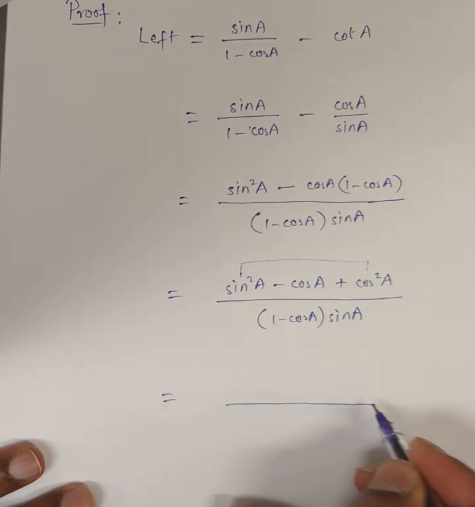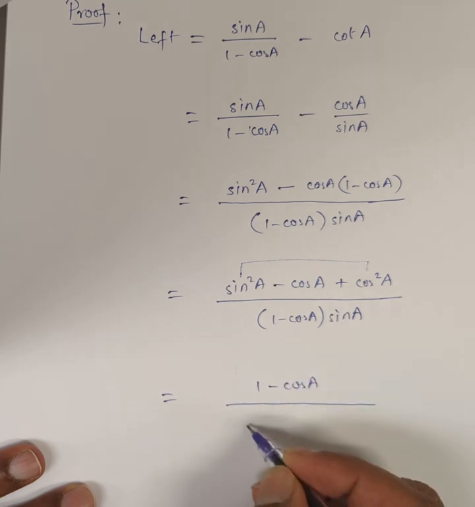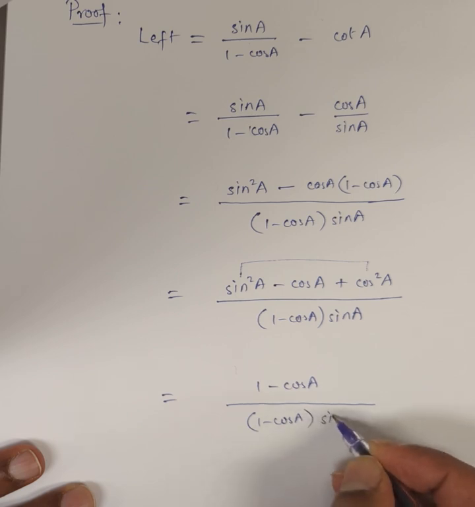So your numerator simplifies to just 1 minus cosine A, and the denominator is 1 minus cosine A times sine A.